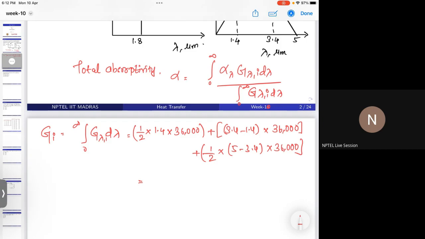What is this first part? Can you calculate this? I will calculate. Can't we take 36,000 common and then calculate? Yes, you can do whatever you want. Finally it will be the same.